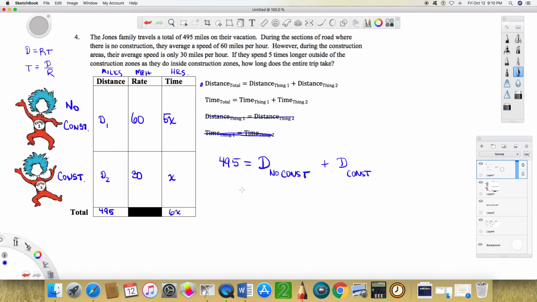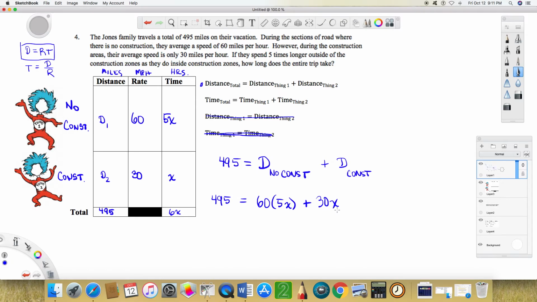All right. So from our table, and also knowing that distance is rate times time, this first term we can express as simply 60 times 5x, our rate times time for thing 1. And our rate times time in thing 2, in the construction, is 30 times x.